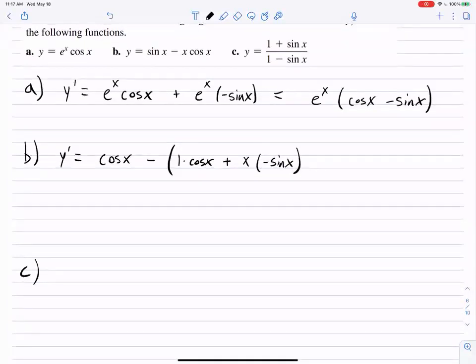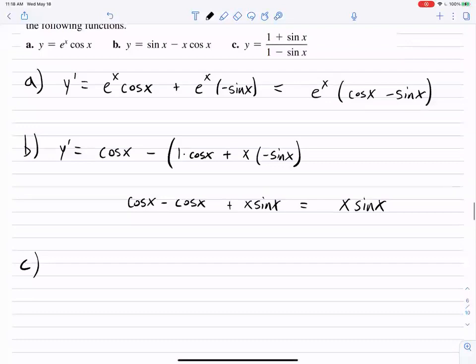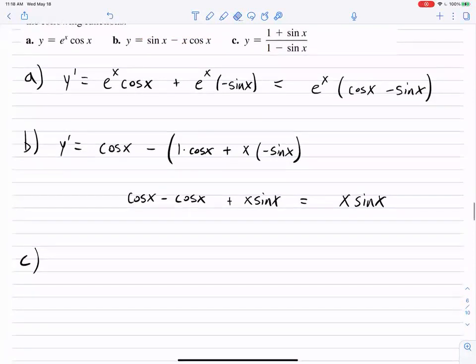Now we can distribute, and you get cosine of x minus cosine of x, and then it will be plus x sine x, because that minus sign distributes to that minus sign, and we get a plus. And so this just equals x sine of x. So the derivative of sine of x minus x cosine x is just x sine of x.